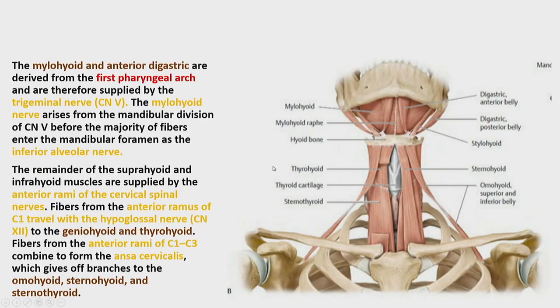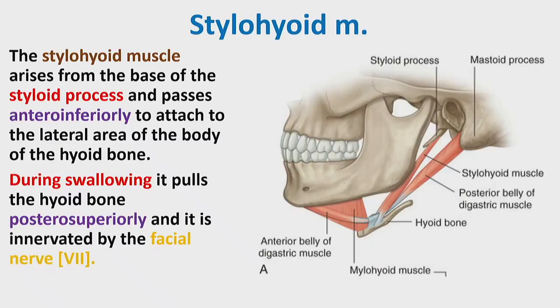Then the rest, the mylohyoid and anterior belly of the digastric, are developed from the first pharyngeal arch, so they must be innervated by the trigeminal nerve, for example the mylohyoid nerve. We said it's a branch of the inferior alveolar nerve, which is a branch of the mandibular nerve. The remaining supra- and infrahyoid muscles are innervated by spinal nerves arising from the spinal cord, which we already mentioned.